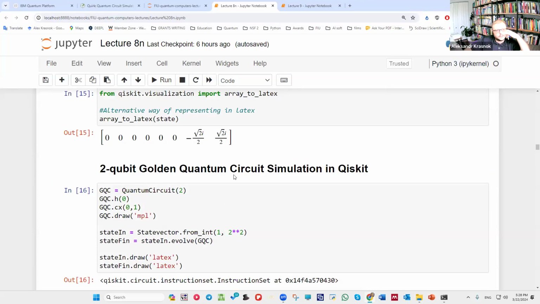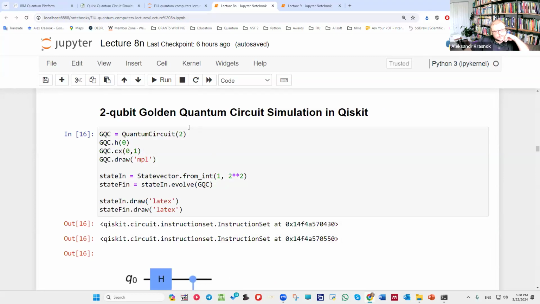So in this way, we can use Qiskit as a calculation means, similar to SymPy quantum.